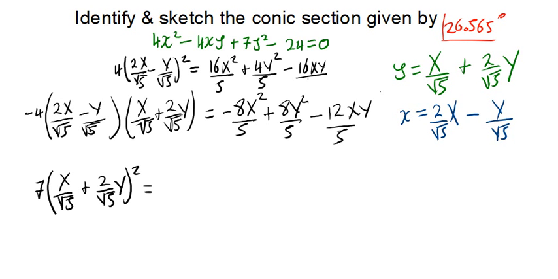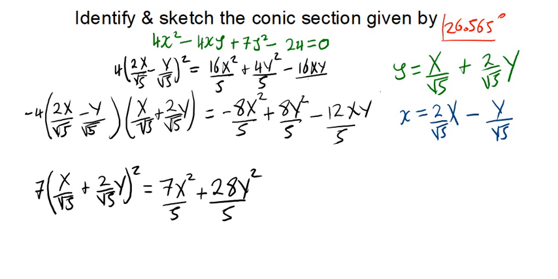So this is supposed to be 7x squared divided by 5. Then this will be plus, squaring that one, it's supposed to be 4y squared, but by 7 that would be 28y squared divided by 5.